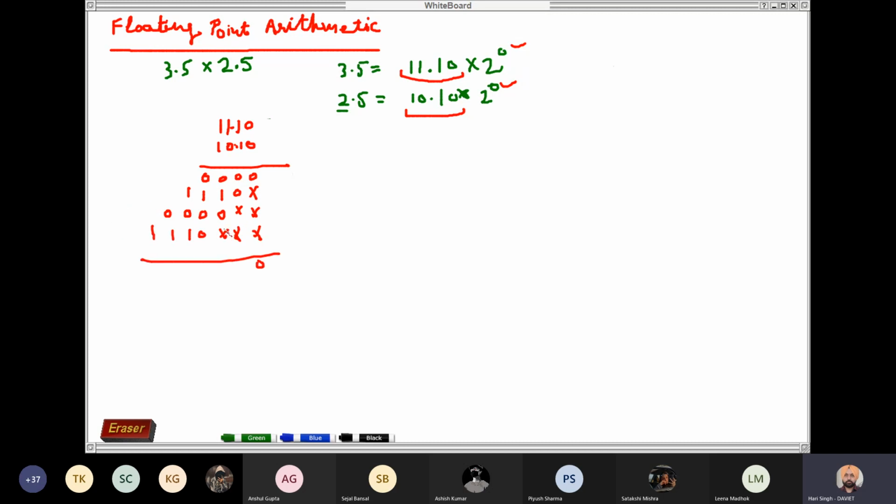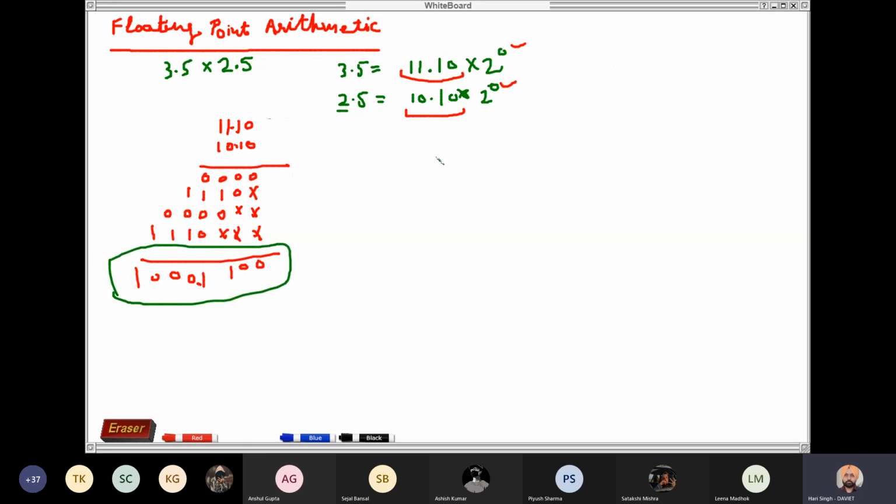Now add: 0, 0, 1, 1, then 1 plus 1 is 0 with a carry, 1 plus 1 is 0 with a carry, 1 plus 1 is 0, and a final carry. Now place the decimal point after 4 bits from the right side. This is the new value of the mantissa.